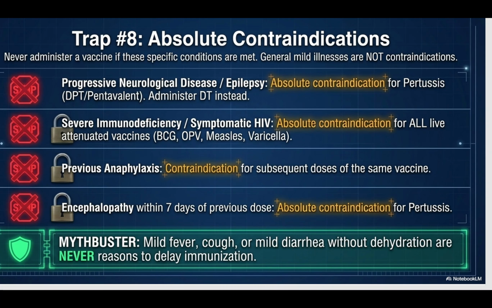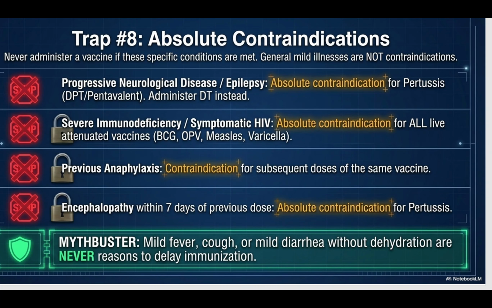There are absolute contraindications to some vaccines. If there is any progressive neurological disease, we do not administer any pertussis containing vaccine. Remember, cerebral palsy is not a progressive neurological disease, so CP patients can be given pertussis containing vaccine. Severe immunodeficiency or symptomatic HIV patients like AIDS patients should not be given any live vaccines like BCG, OPV, measles or varicella.